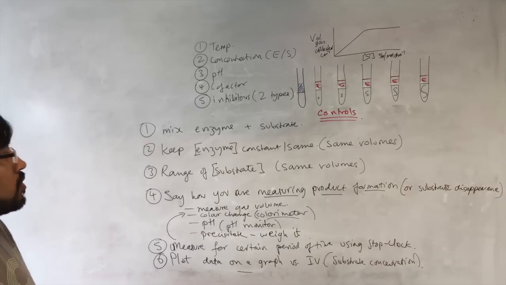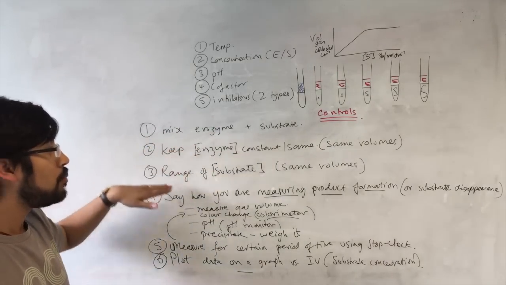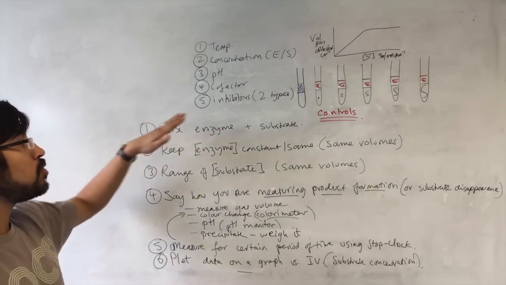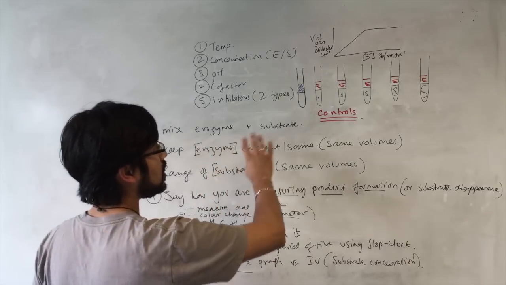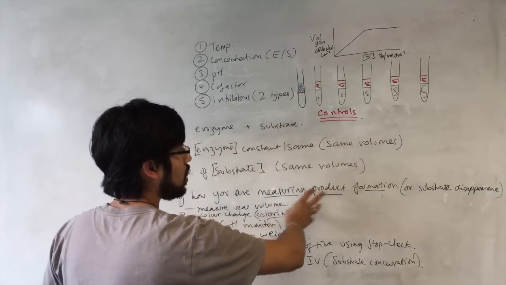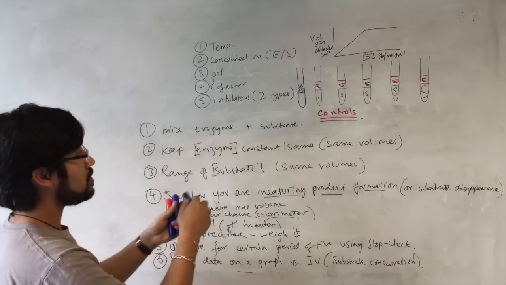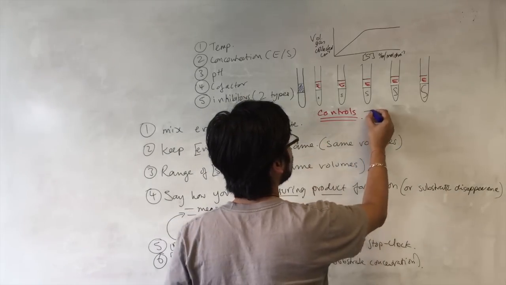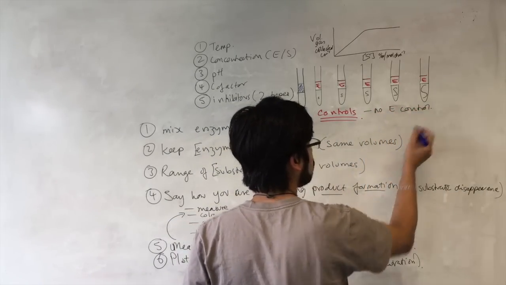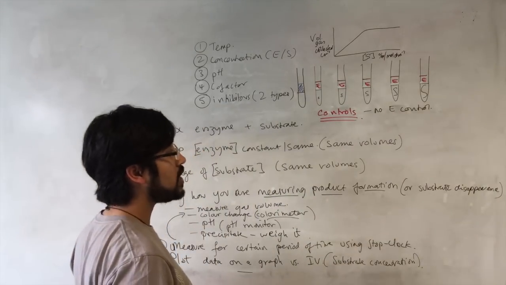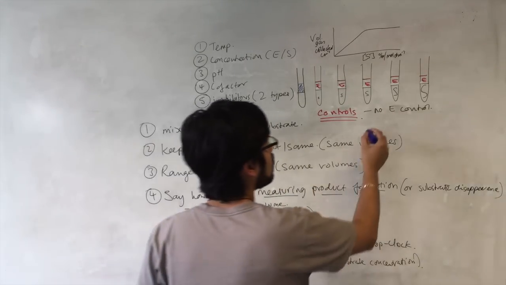All right, so main points: mix the enzyme and the substrate, mention what you're going to do to make your experiment valid, i.e. you're going to keep the enzyme concentration constant. Also, don't forget your no enzyme control, because you need to prove that it's the enzyme that's causing the gas to be produced.